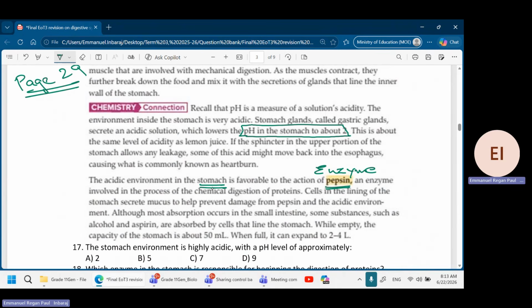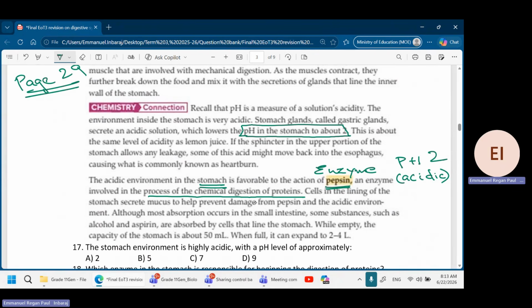This is again important. What is pH 2? pH 2 is an acidic pH. So it needs an acidic pH. The pepsin helps in the process of chemical digestion of proteins.